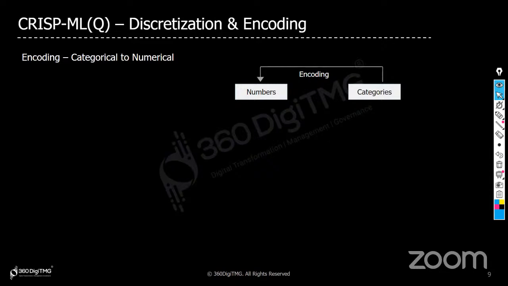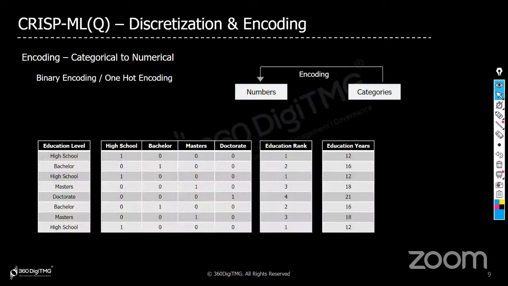In encoding also, we have different methods. We will see what is present. So, one hot encoding. What is this one hot encoding, everybody? Binary encoding or one hot encoding. Let us take an example for this. There is an example provided below. So here if you observe, this is our column.